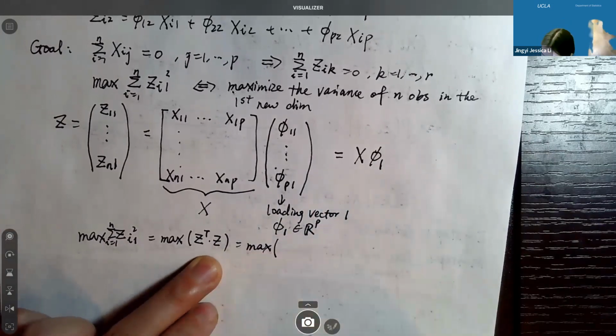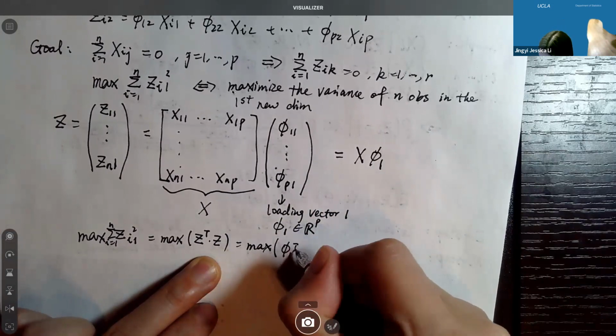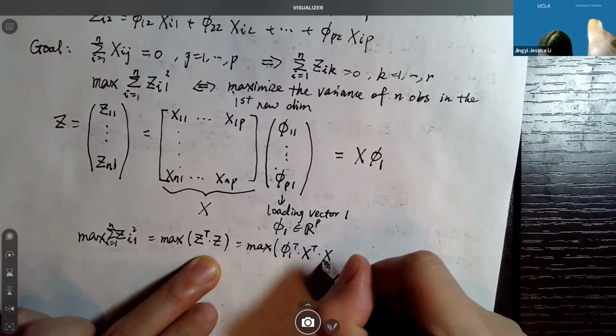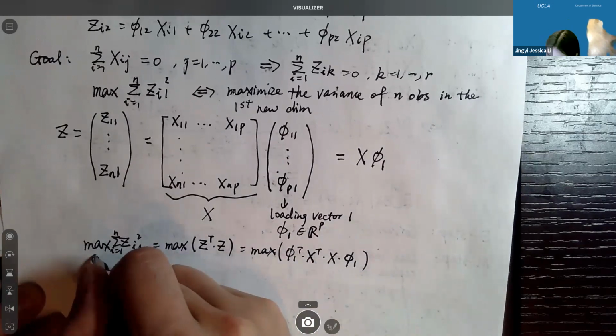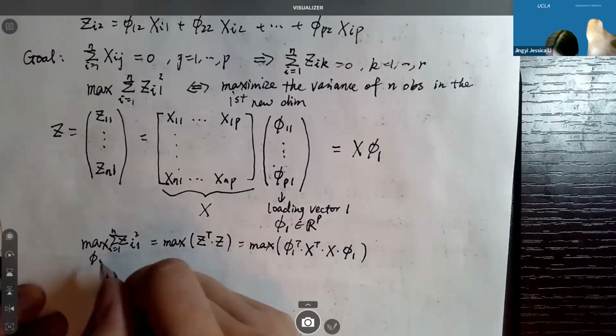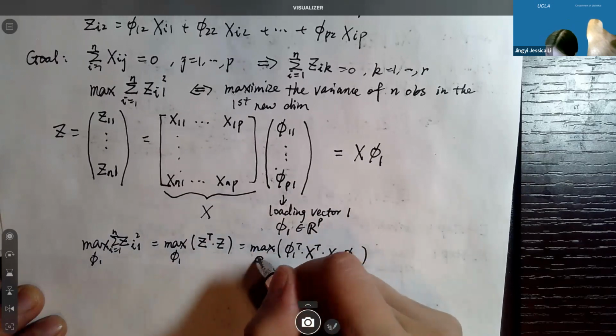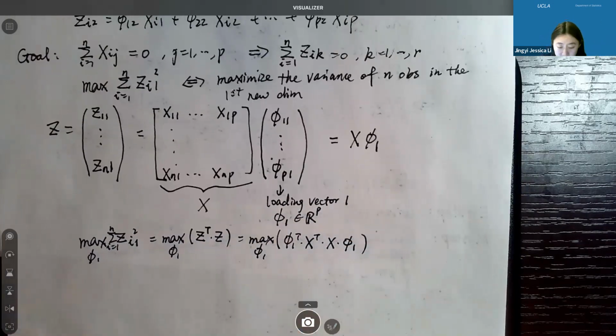You will see I have phi 1 transpose x transpose times x times phi 1. That's the new objective. And how do we find the max? What are we looking for? We are looking for the p values in the loading vector 1. So it's about finding phi 1 to maximize this whole objective.